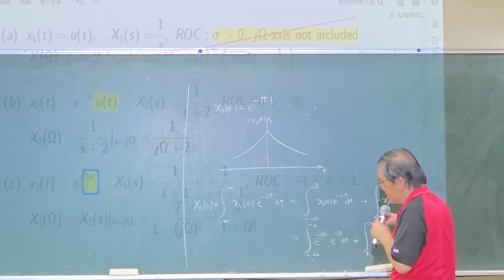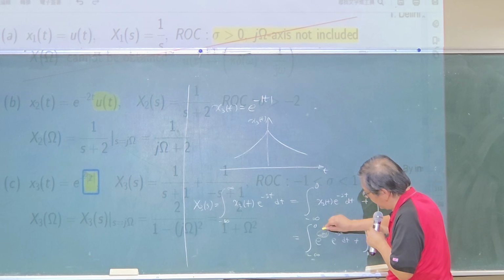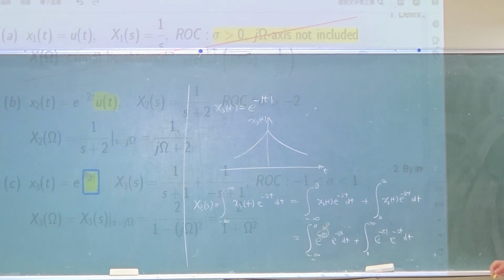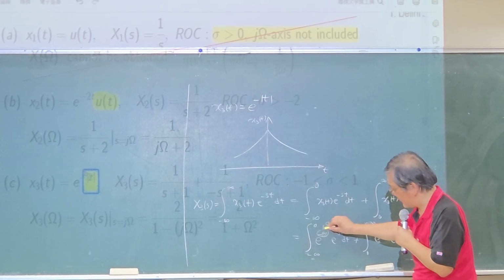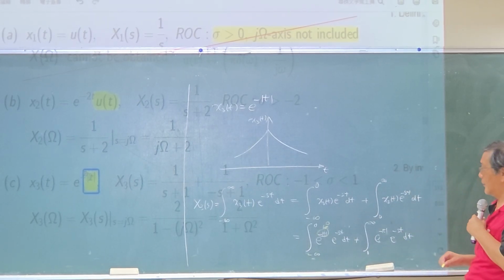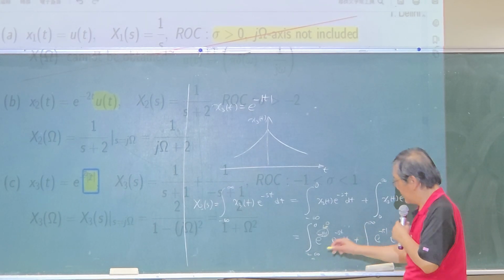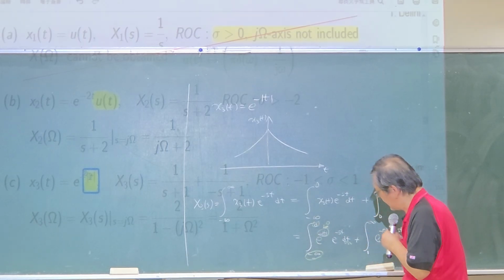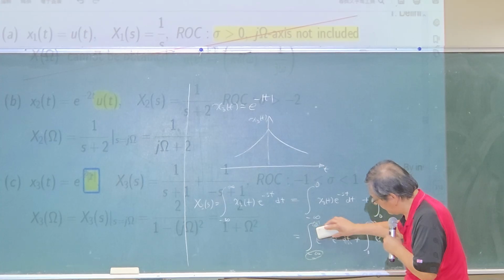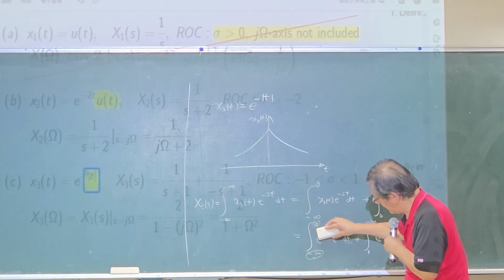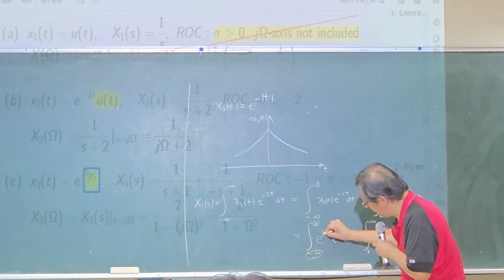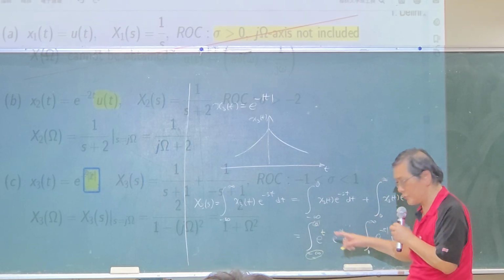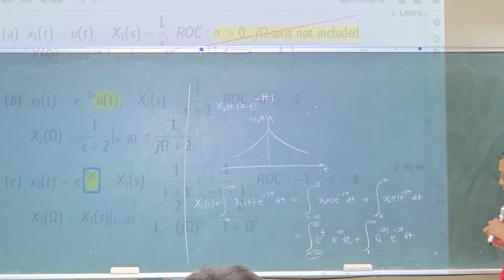So look at this exponent here. This is always negative, except t equals 0, or smaller than or equal to 0. Okay? So for negative t, I can simply replace this by t, because this time t is always smaller than or equal to 0. Okay?